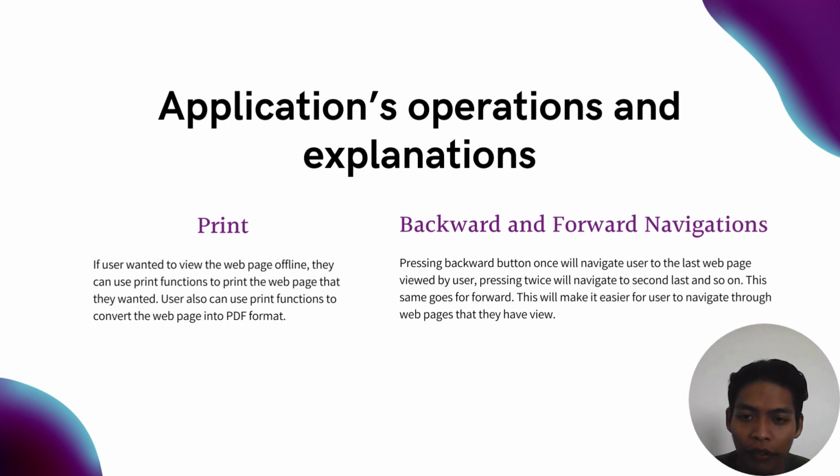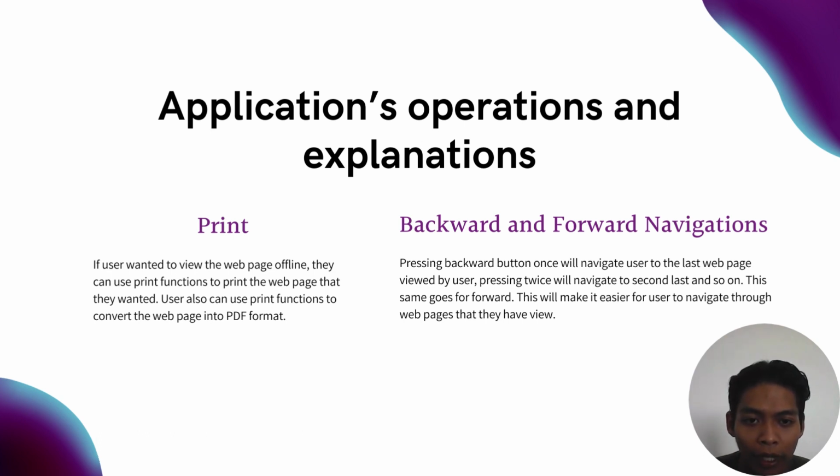For print, if the user wants to view the web page offline, they can use the print function to print the web page that they want, and also convert the web page into PDF format.